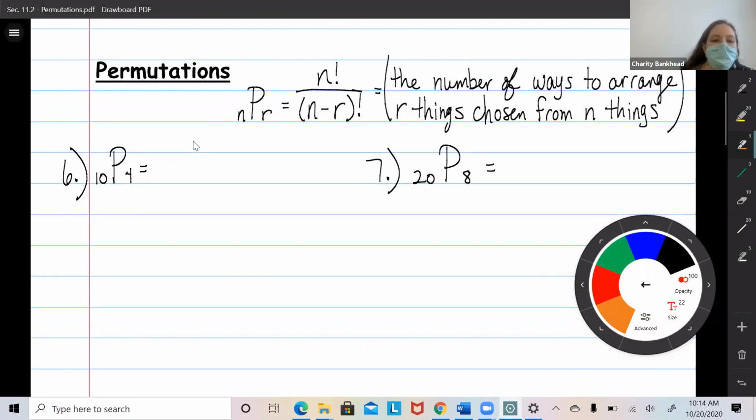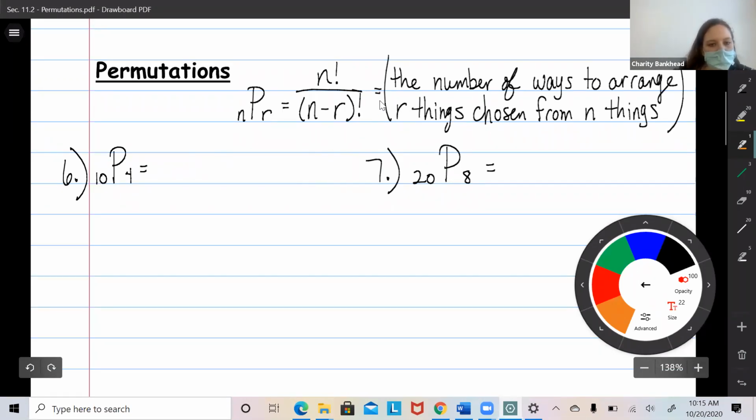So when you see small n, capital P, small r, that represents the number of ways to arrange r things chosen from n things. For example, if you had 10 books and you want to arrange 4 of them on a shelf, how many ways could you do that? Well, that would calculate 10P4, and that would give you the answer.